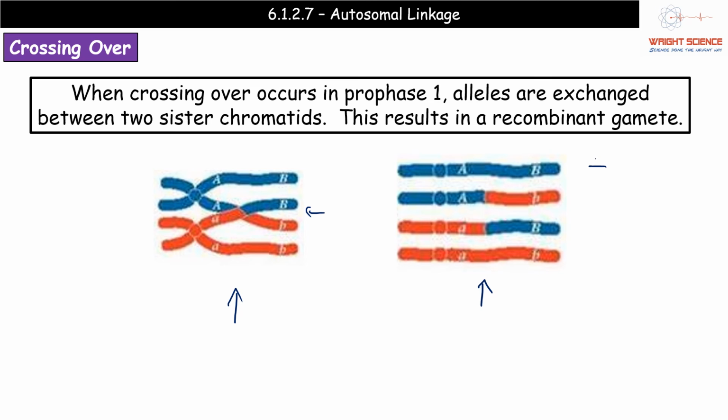We still have one blue with a capital A and capital B, we still have one red with lowercase a and lowercase b, and then these two in the middle are going to be the recombinant gametes, because if we look, they've got a section of the blue with the capital on it and a section of the red with the lowercase. So what we've done through this process of crossing over is we've created a new assortment of those alleles to what we would have had without the crossing over.